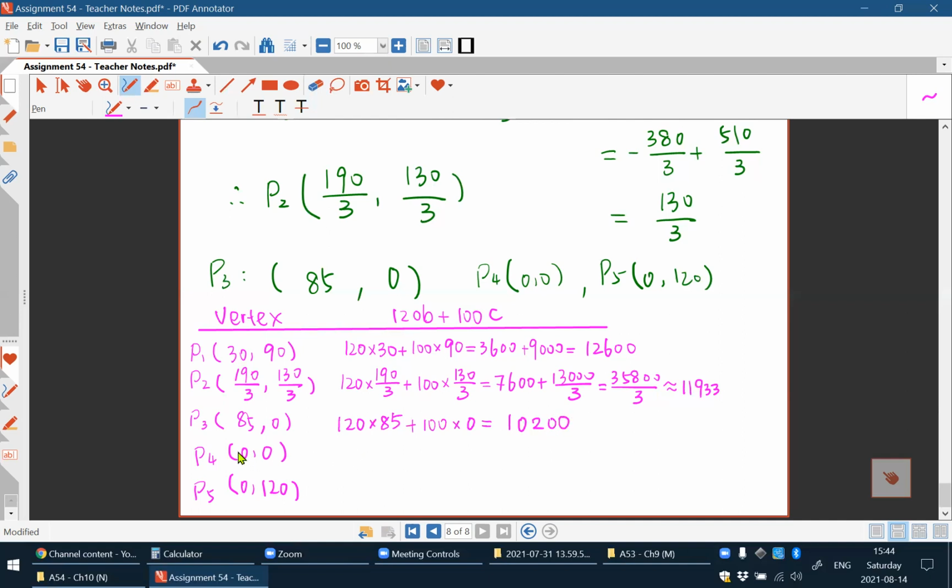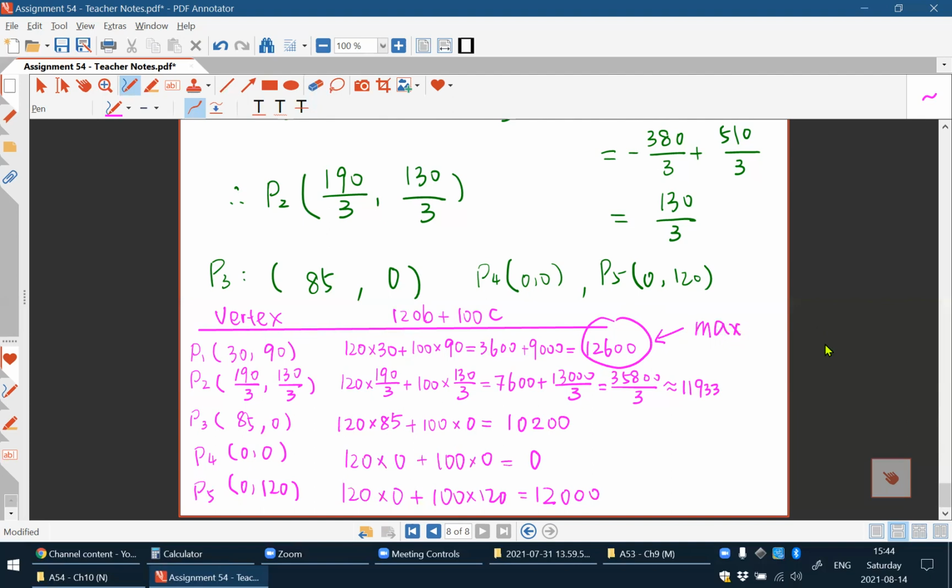And the fourth vertex, a simpler one, right? 120 times 0 plus 100 times 0, which is 0. And the fifth, the last vertex, is 120 times 0 plus 100 times 120, which is 12000, right? And now can you see which one is the largest? Of course, this number seems to be the largest, right?